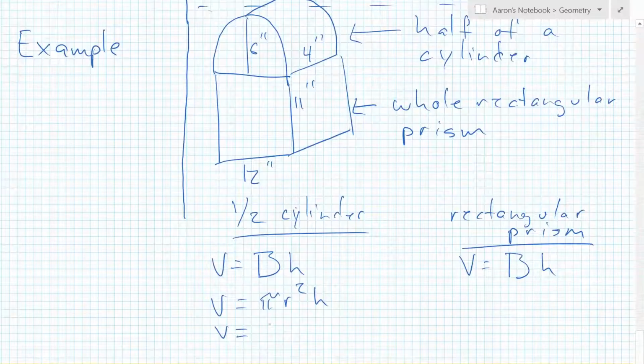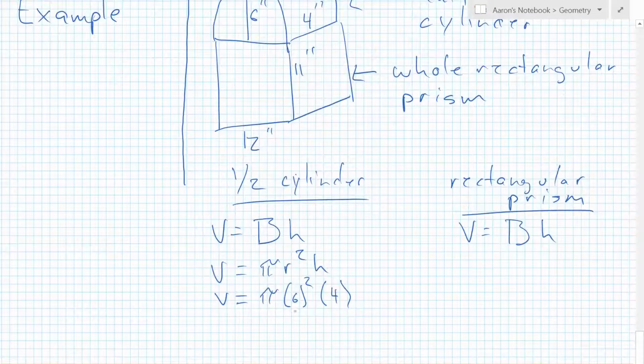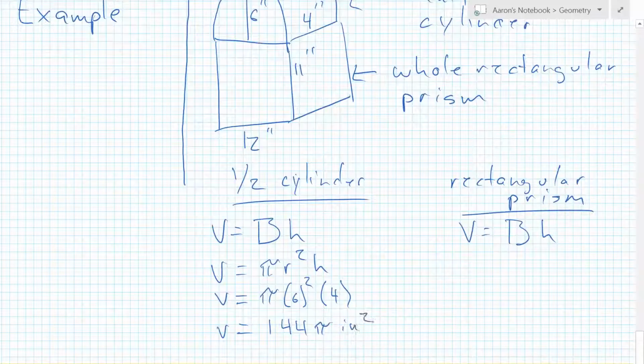Volume equals pi times 6 squared times our height of 4. 6 squared is 36 times 4 gives us 144. 144 pi inches squared.